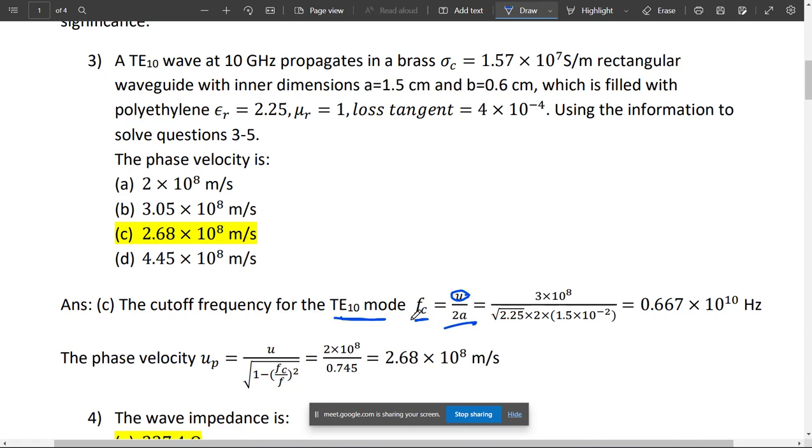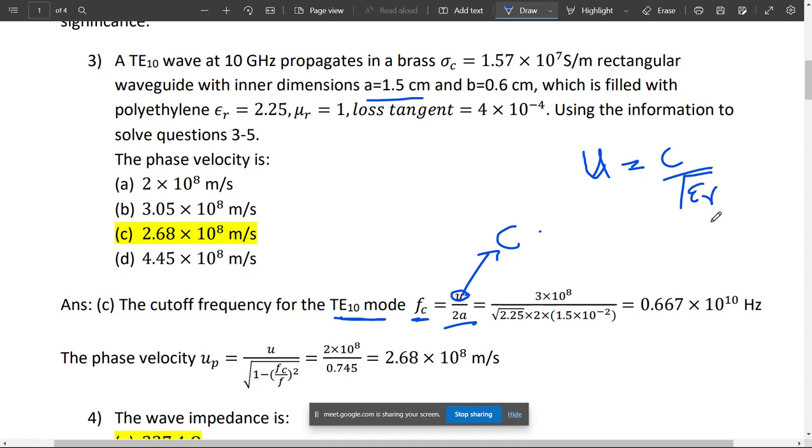Since here v will be the speed of light, for free space cutoff frequency we are asking, so v by 2a will be 3 into 10 to the power 8 upon 2 into 1.5 into 10 to the power minus 2. And v here is given by c upon under root of epsilon r.